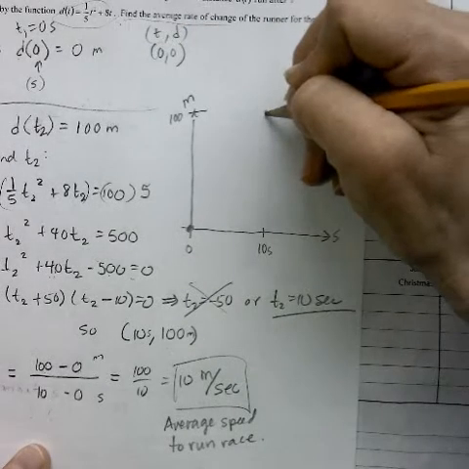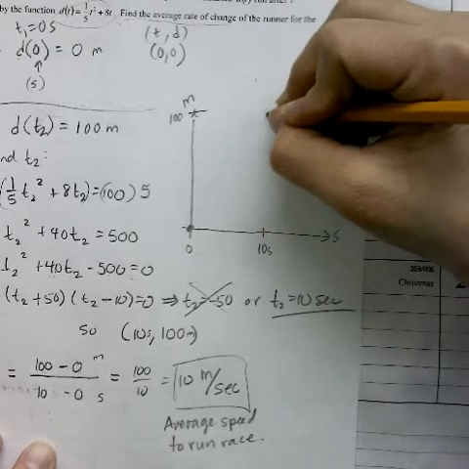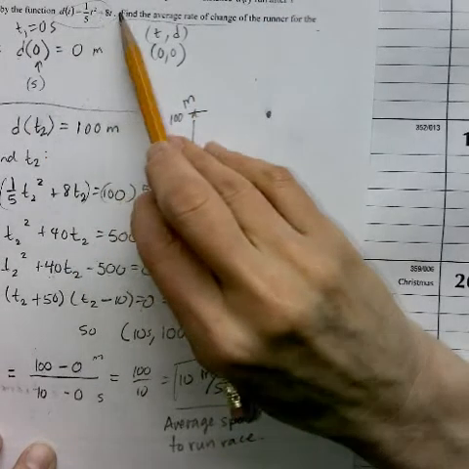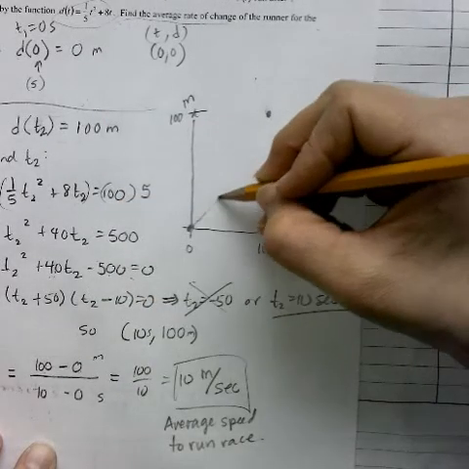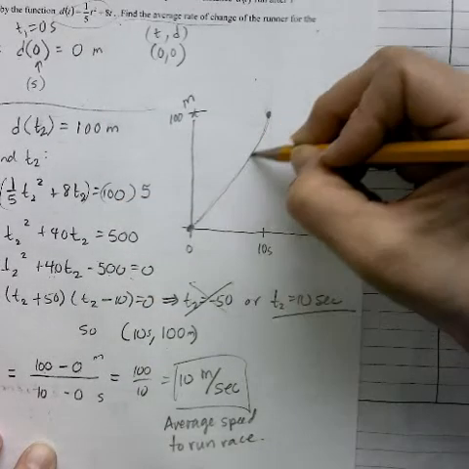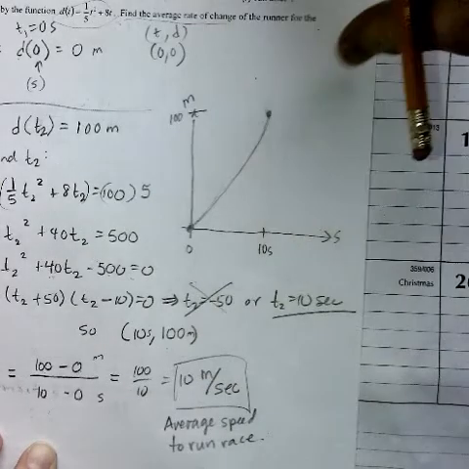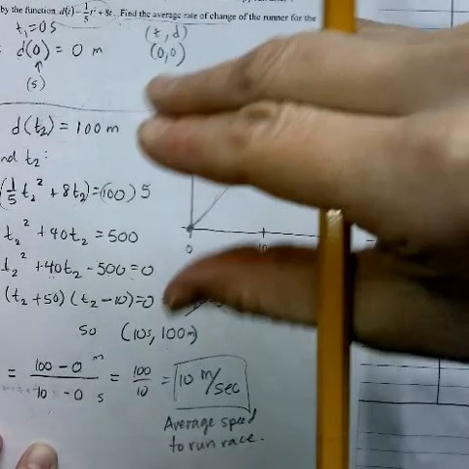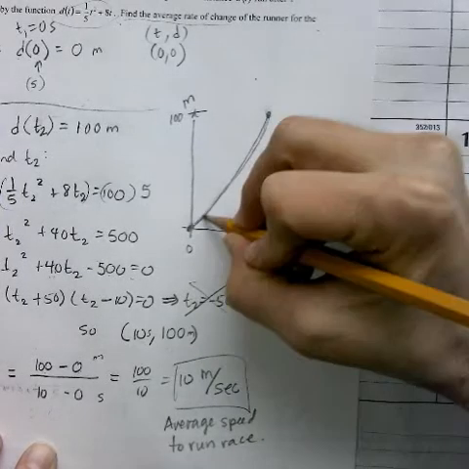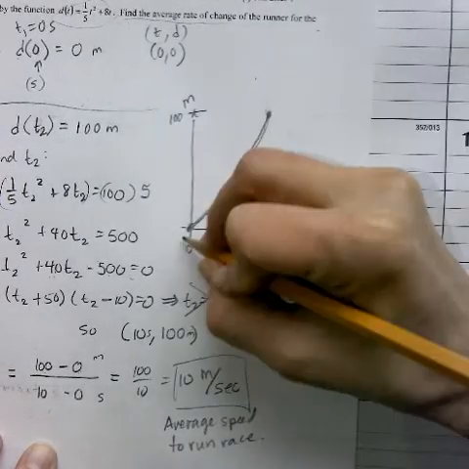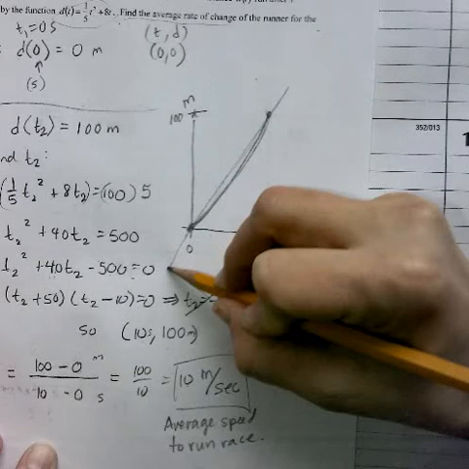And this is a quadratic, so it has a curve to it. It's not a straight line, but it's fairly flat just because of the scale. If you had this to scale, it would almost look linear, is what I'm trying to say. But there is a curve here. And so this 10 meters per second is actually the slope of this secant line.